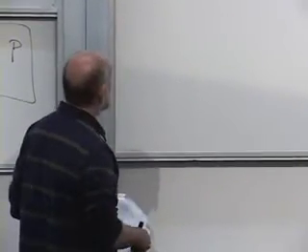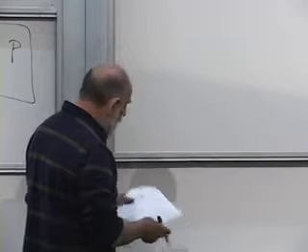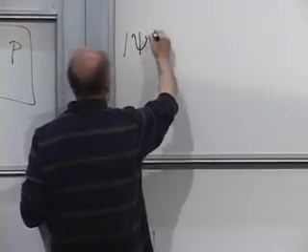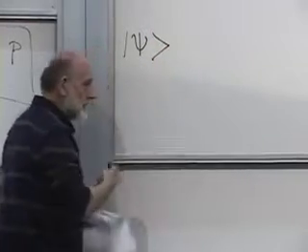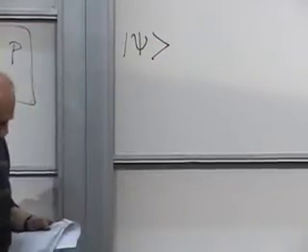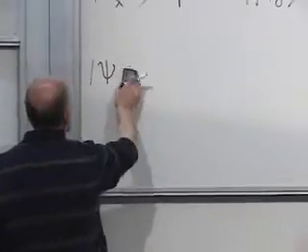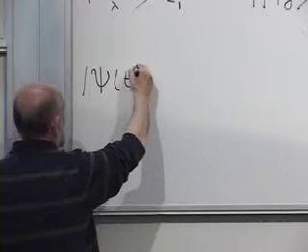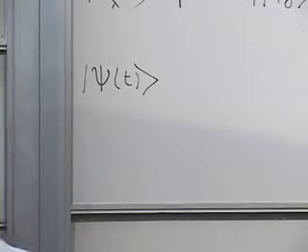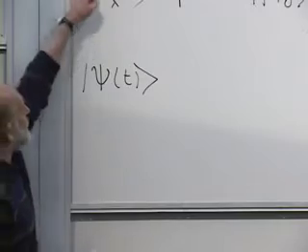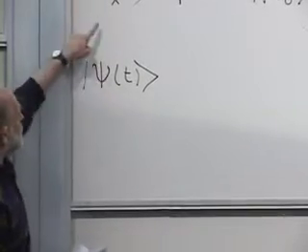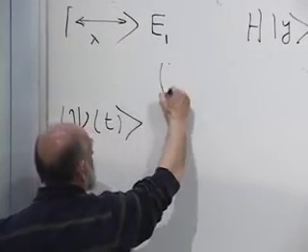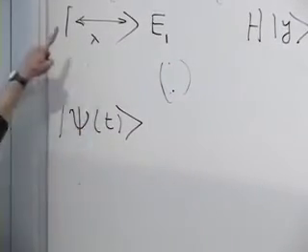Quite interesting. Let's begin. Okay, so let's start with some initial state of the photon polarization. It's psi of t. Here's the state vector of the photon polarization at time t. There's only two states of polarization, and we usually write the X component as the upper component of a column vector, and the lower component is the Y component.